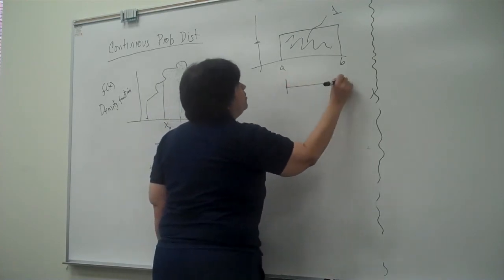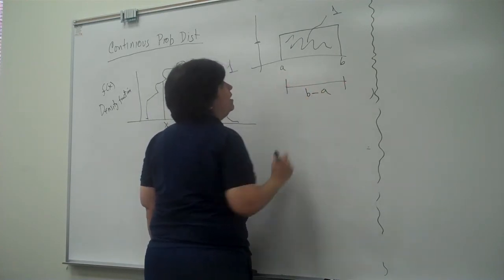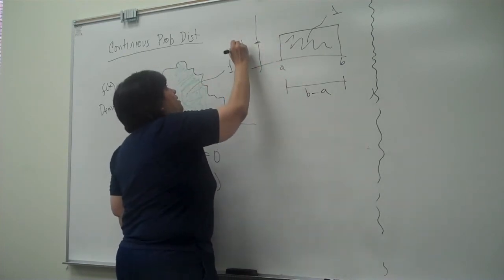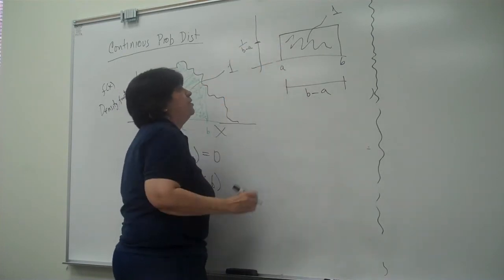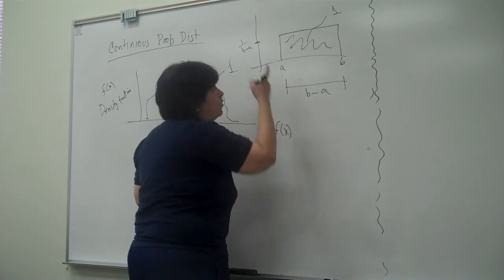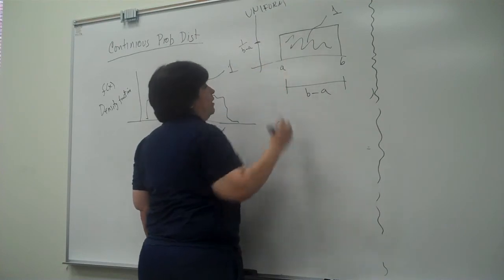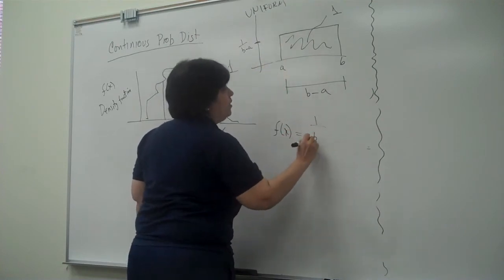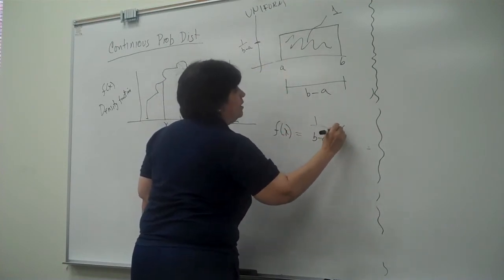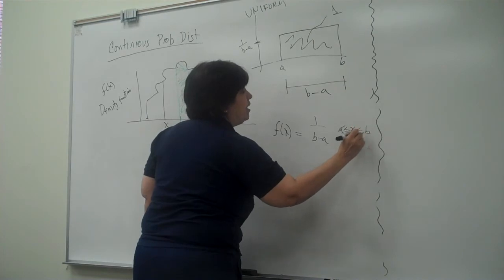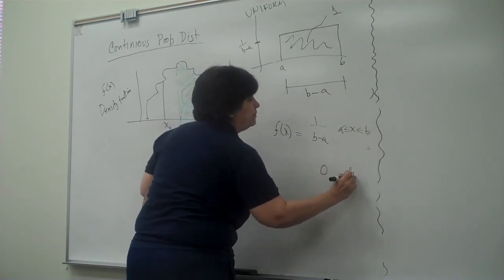Since this length is b minus a, this height has to be 1 over b minus a. So my f of x for the uniform distribution is equal to 1 over b minus a when a is less or equal than x less or equal than b, and 0 elsewhere.